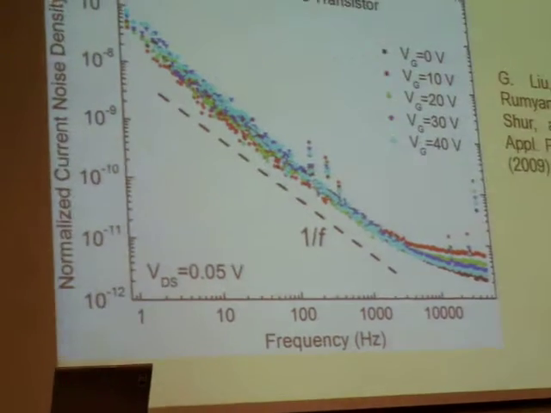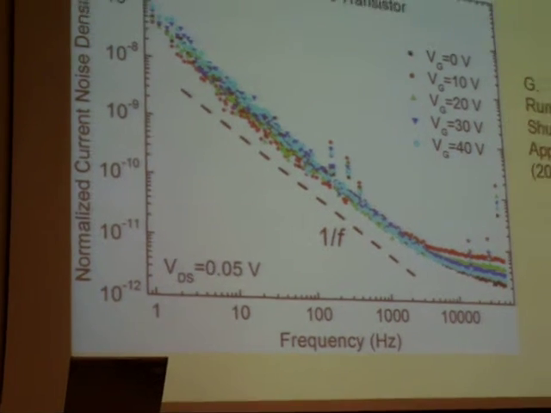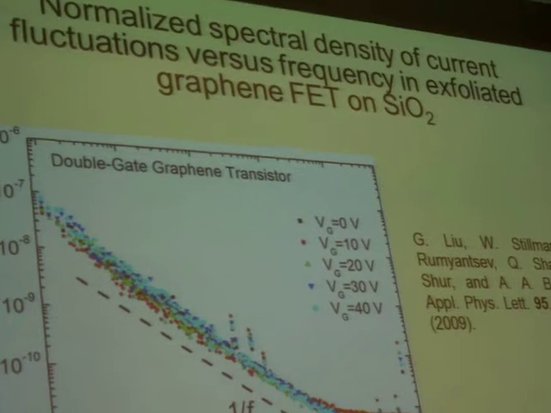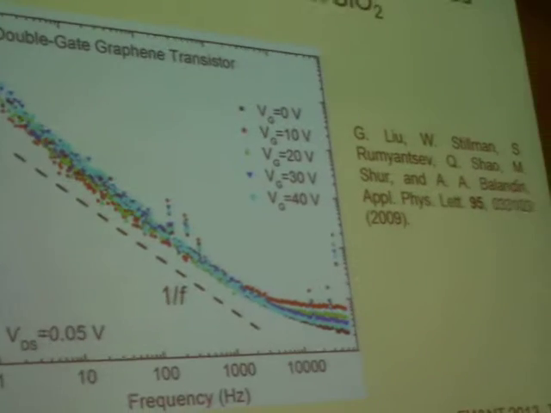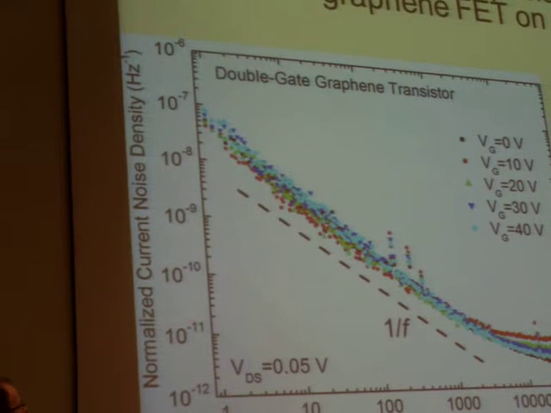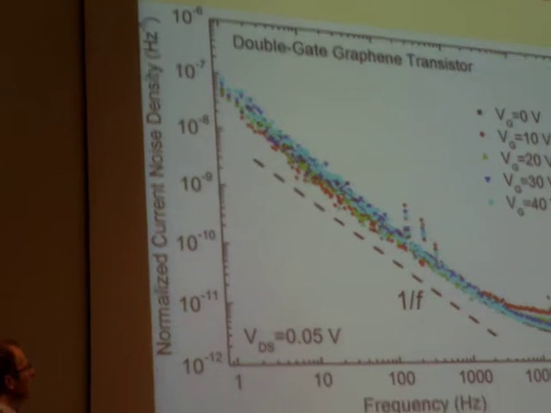Here is another quantity called spectral density of current fluctuations, or current noise spectral density, which is estimated for noise measured at frequencies up to 3 kilohertz. It follows the so-called 1 divided by f dependence.